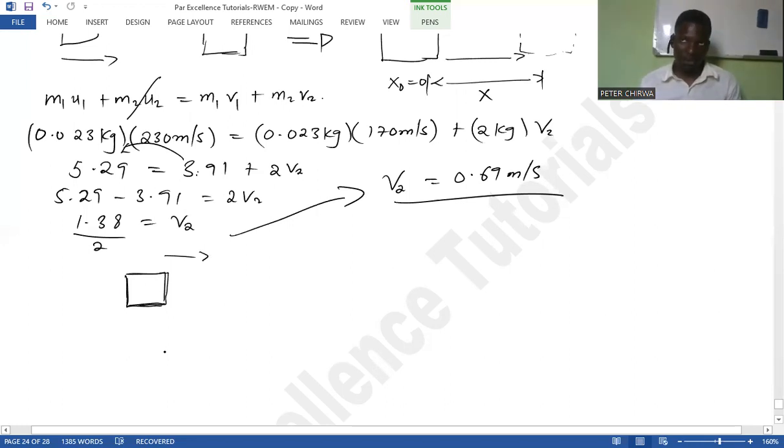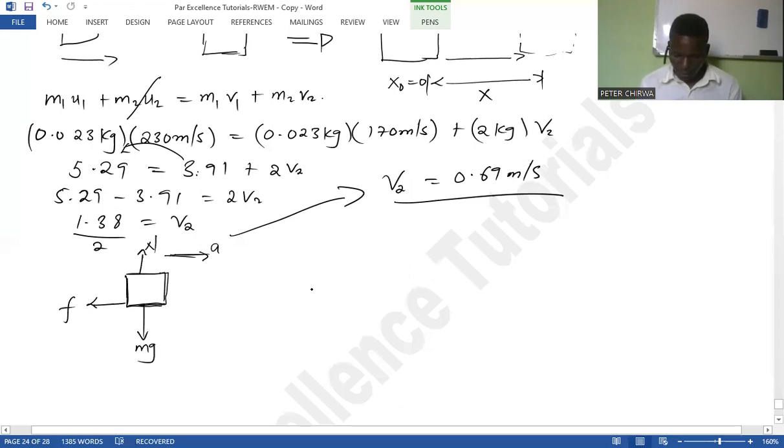Immediately after the penetration, we see the block moving in the x direction like that. If it's moving in that direction, we're going to have the normal force and the weight of this block. And in this direction, we're going to have the friction force.